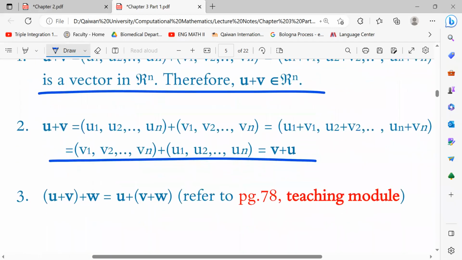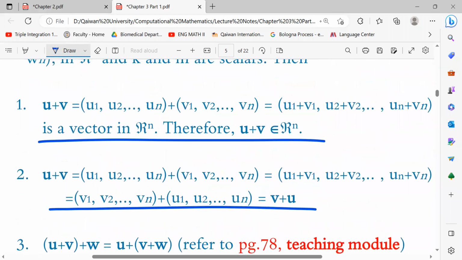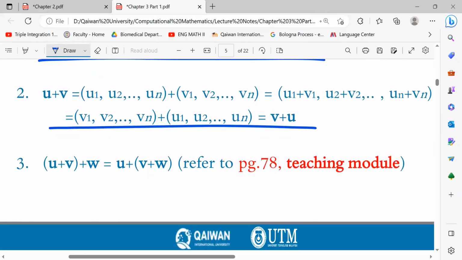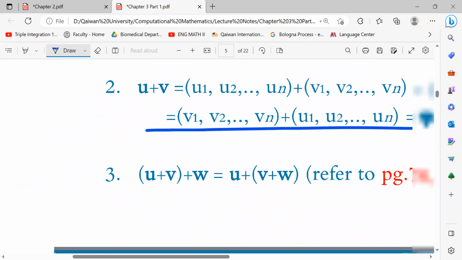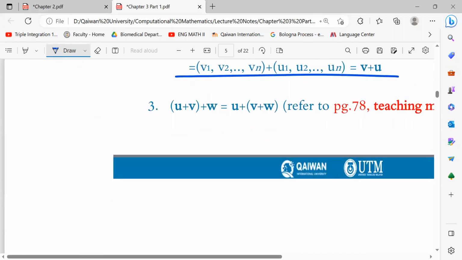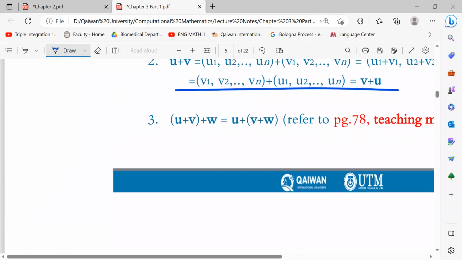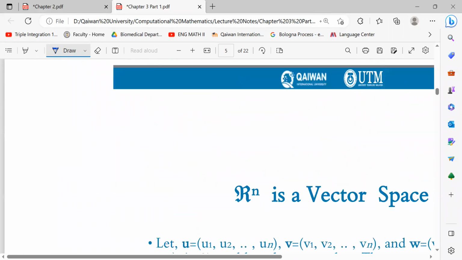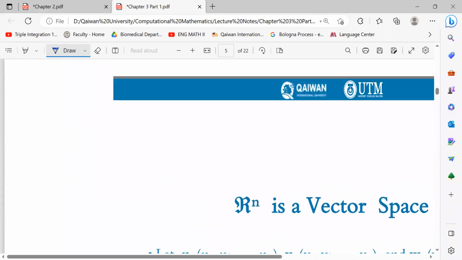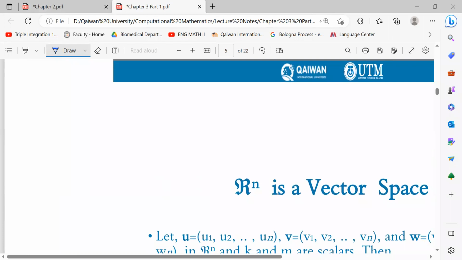For the third one, it is associative. Let's do that. We must show that (u plus v) plus w is equal to u plus (v plus w).